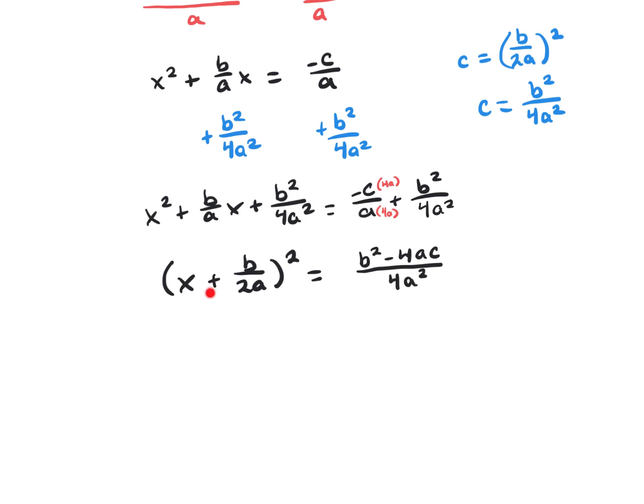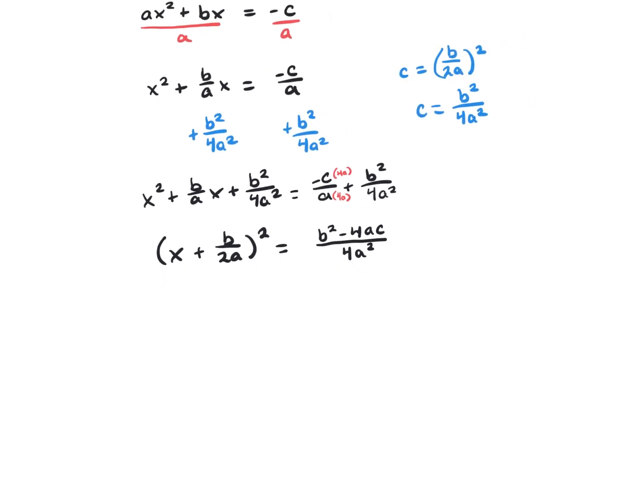So now that I have my binomial squared, we know that the next step would be taking the plus or minus square root of both sides. So we have the plus or minus square root of b squared minus 4ac all over 4a squared. Remember, I'm square rooting the numerator and the denominator.